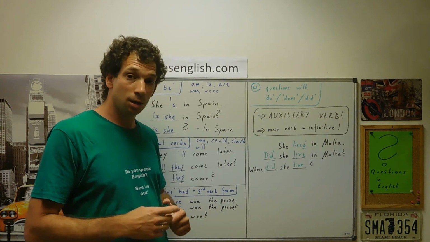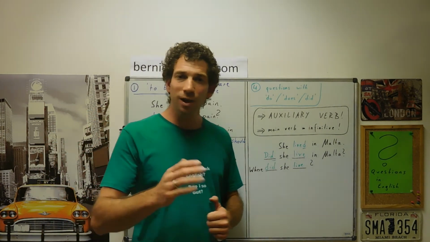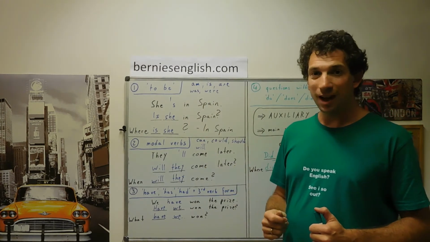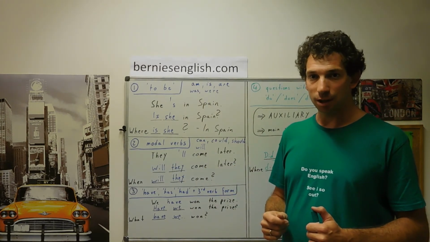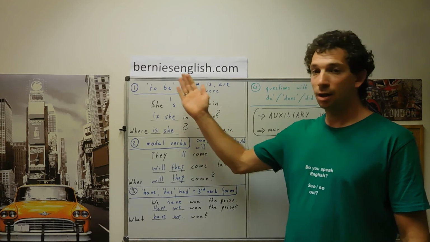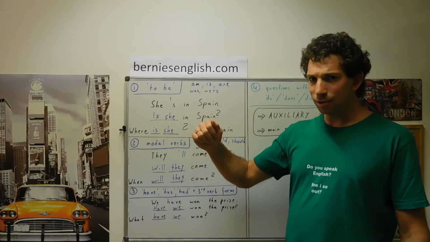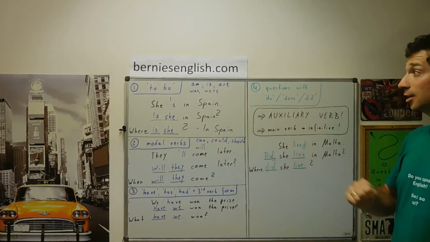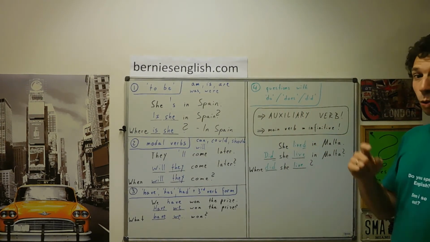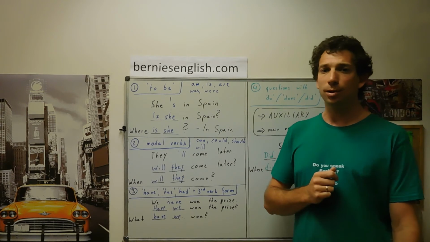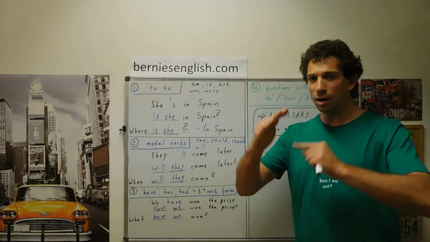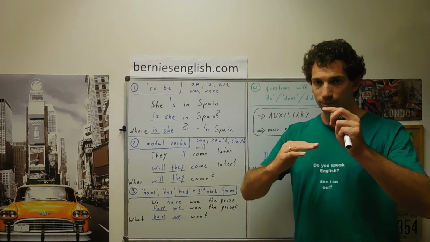Right. So, let's do a quick recap of the rules how to form questions in English. Remember that we have 4 groups of auxiliary verbs. We always need an auxiliary verb to form a question in English, and we can never mix the groups.